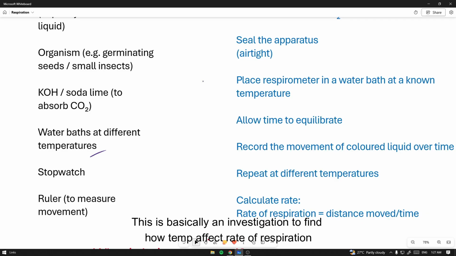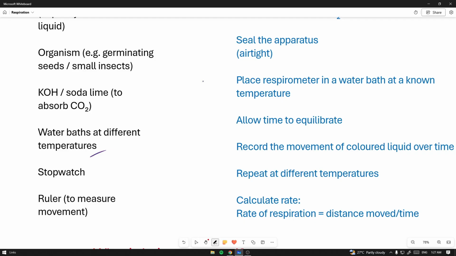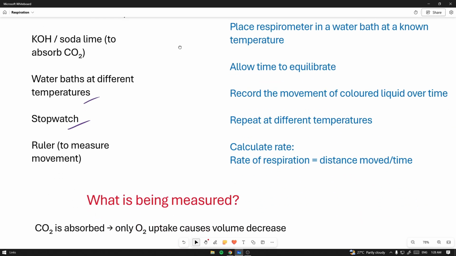We want to see how temperature affects the rate of oxygen consumption. So we're gonna need water baths at different temperatures. We're gonna need a stopwatch to time it, and the ruler is basically the scale.